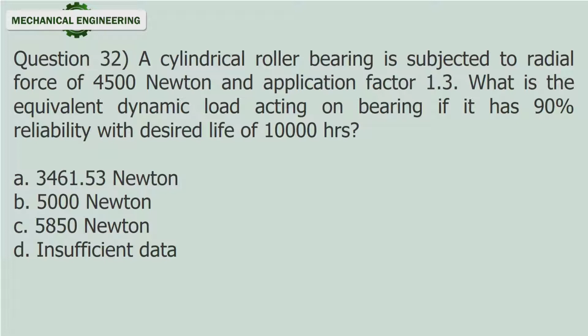Question 32. A cylindrical roller bearing is subjected to radial force of 4500 Newton and application factor 1.3. What is the equivalent dynamic load acting on bearing if it has 90% reliability with desired life of 10,000 hours? A. 3461.53 Newton.